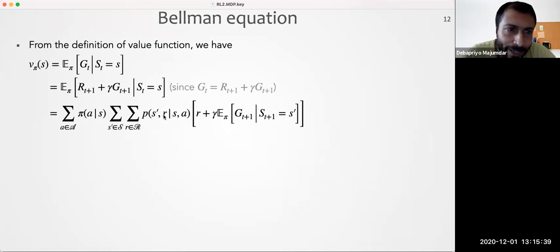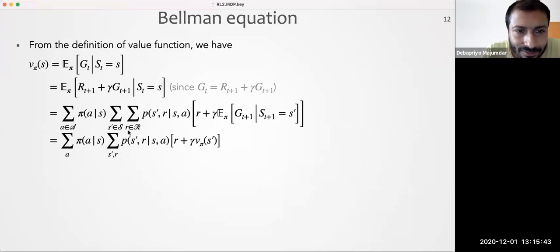So it's basically expanding this expectation formula. And now here we are taking a sum over all possible states, all possible rewards, and all possible actions. So I'm just simplifying it instead of writing it in full, and simplifying these two sums, I'm actually making it one because this is taken over all possible combinations of S prime and R.